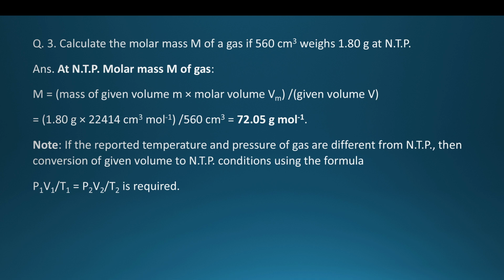Formula is mass of given volume into molar volume divided by given volume. Simply put the values 1.8 gram into 22,414 cubic centimeter per mole divided by 560 cubic centimeter. Result comes out to be 72.05 gram per mole.